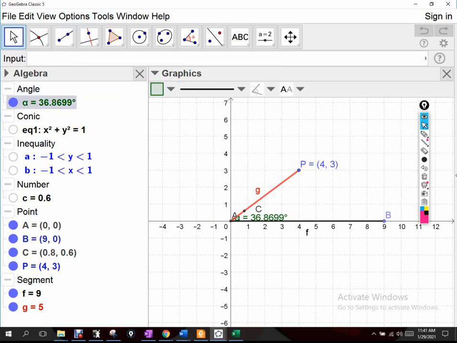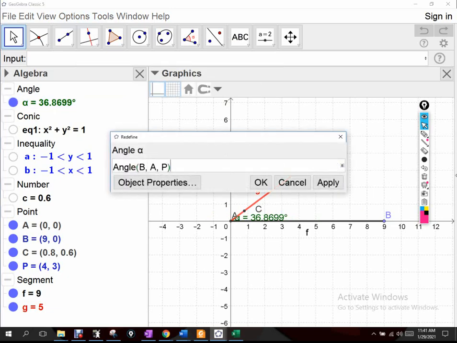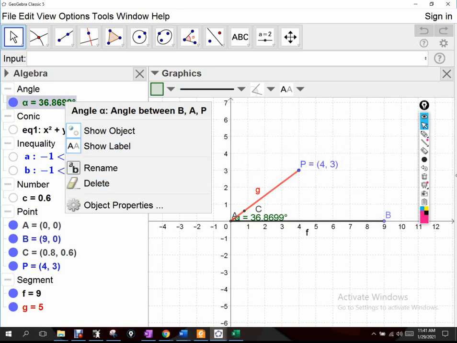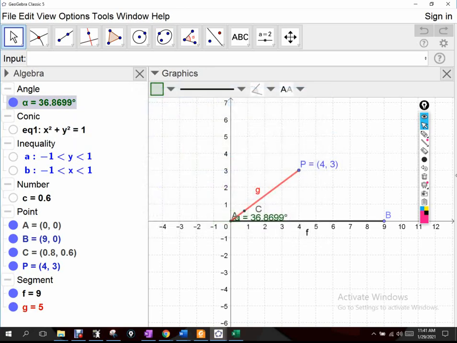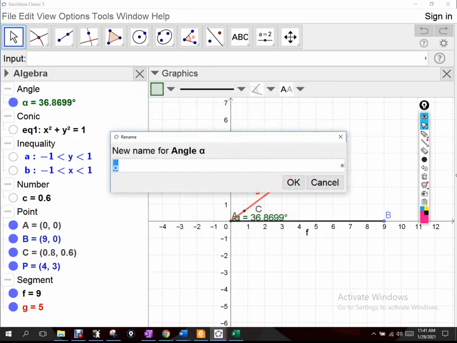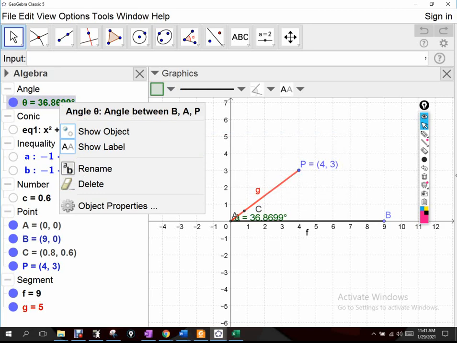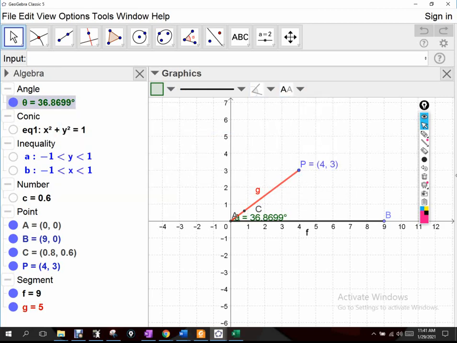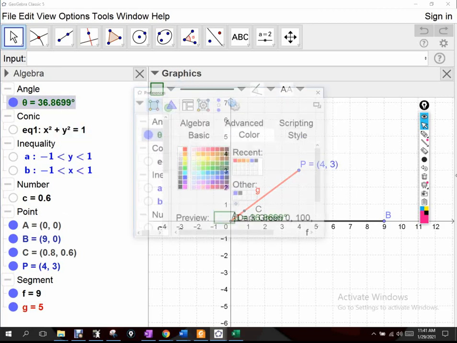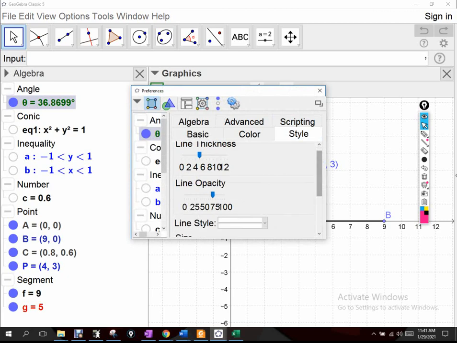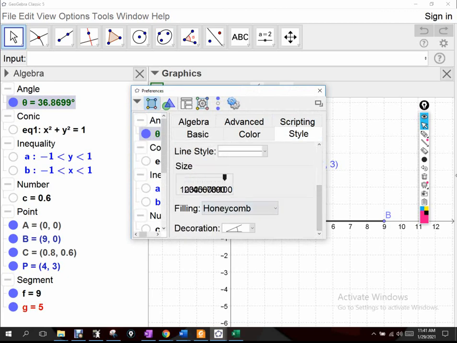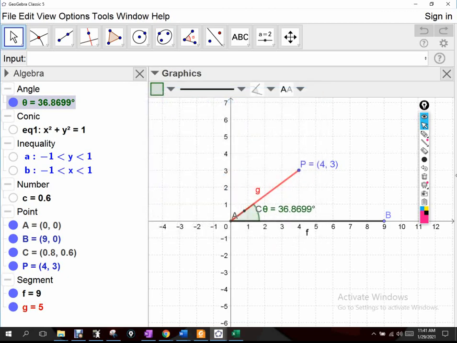I'm going to call that theta. So that's the theta that we're interested in. Let's make it a little bit bigger. All right, so 36.8699.